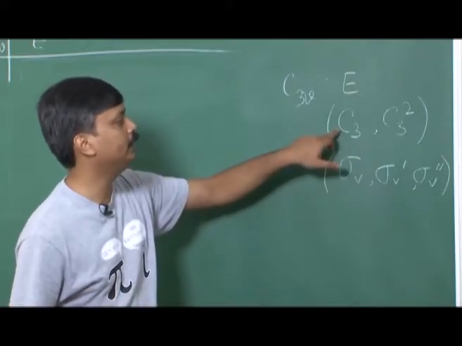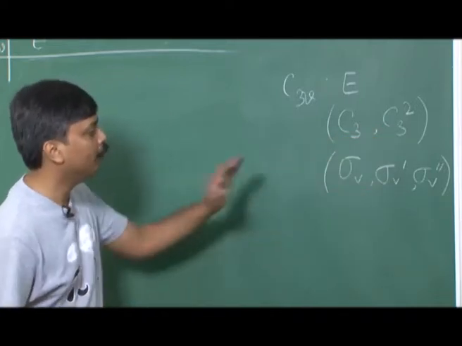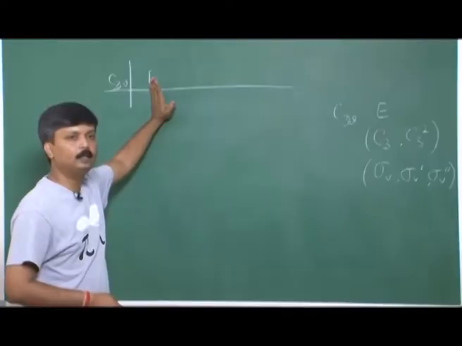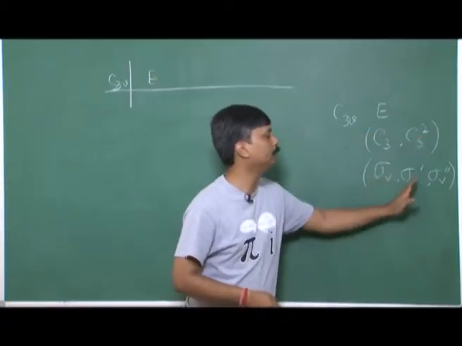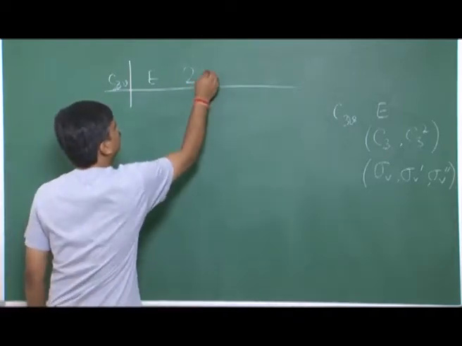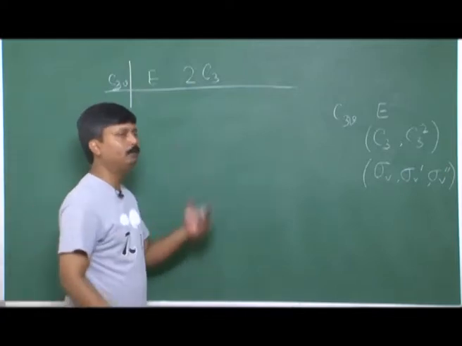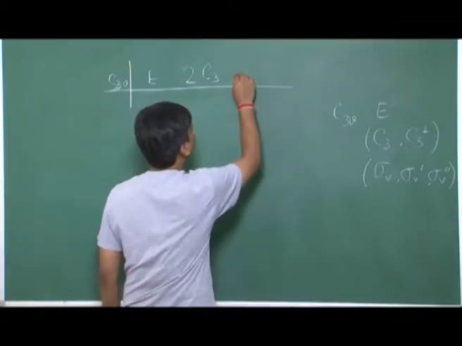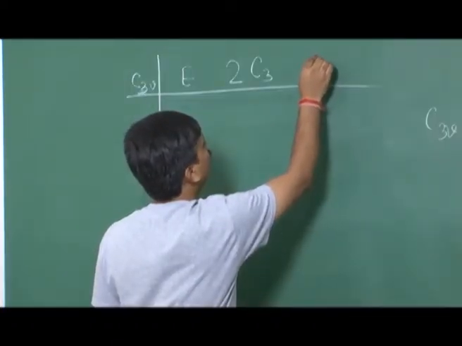Similarly, the characters of C3 and C3 square will be the same, because they form a class. Therefore, while writing the character table, I don't have to write C3, C3 square, sigma v prime, sigma v double prime explicitly. Instead I can write 2 C3, because C3 and C3 square will have the same character. Without repeating all these characters, we can club them together.